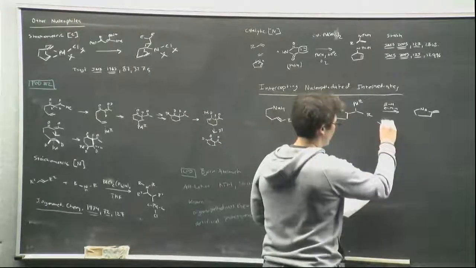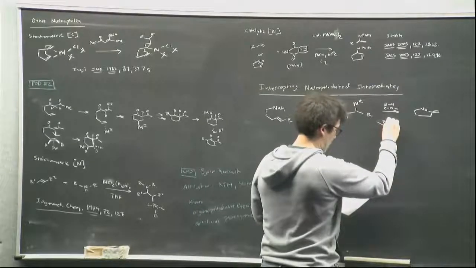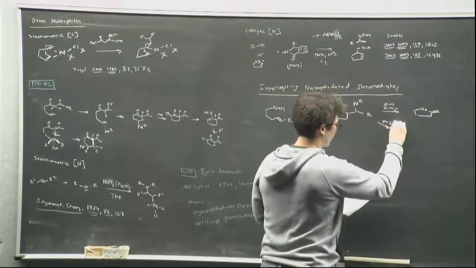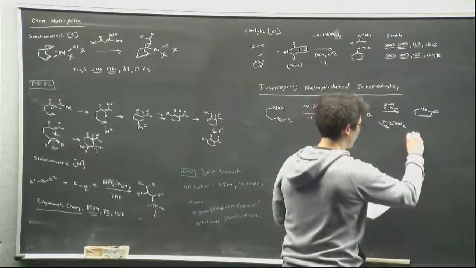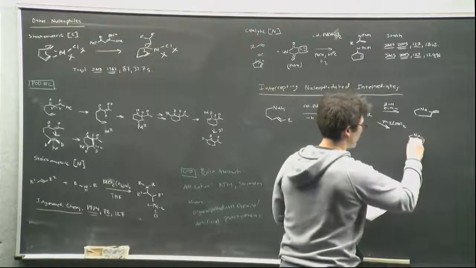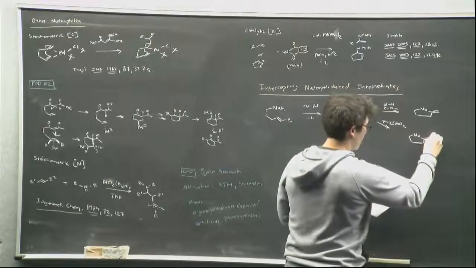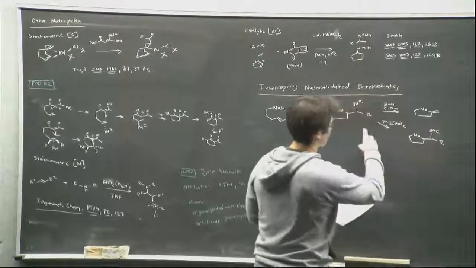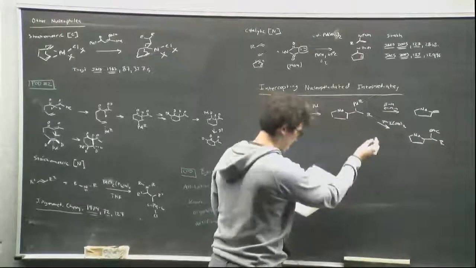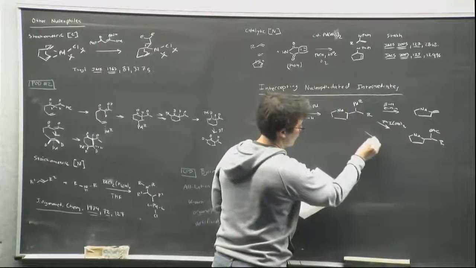You can also trap these with strong oxidants. This should be no surprise for members of my group. This oxidizes a palladium-2 intermediate to a palladium-3 or 4 intermediate.